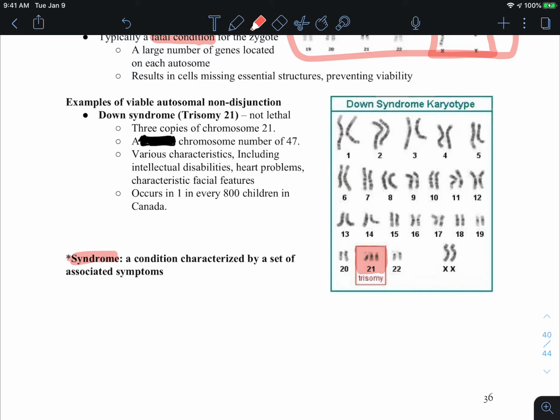So in this case, the trisomy. Having this trisomy can impact this. It typically results in a set of symptoms, of which they might be more or less on that scale.